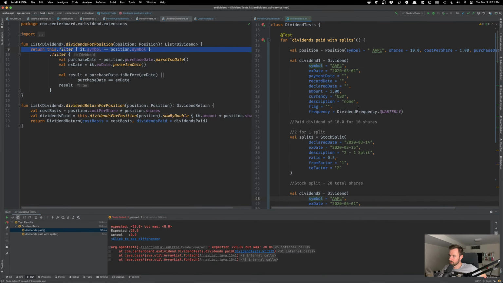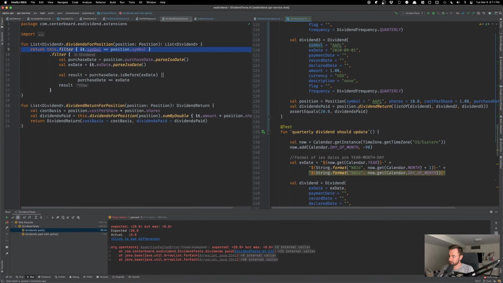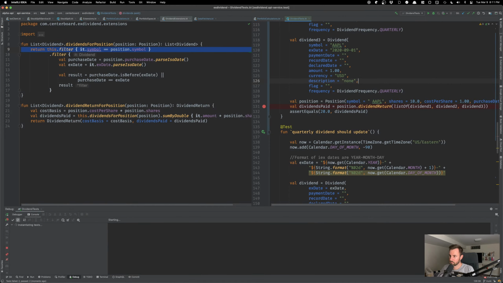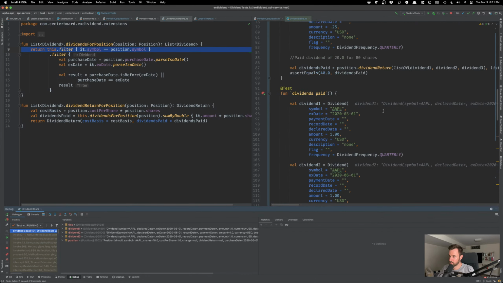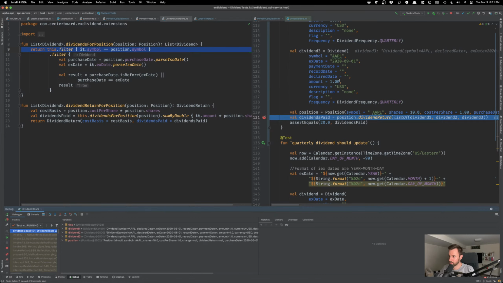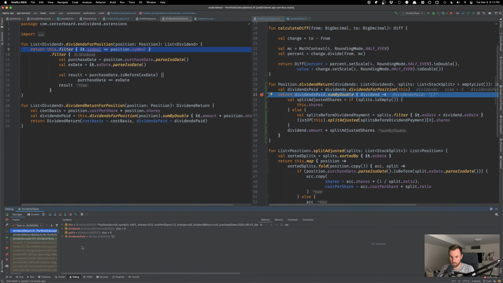So what is this returning? The position is Apple, right? Yeah. Dividend return. Dividends paid is blank. Okay, why is this not legit?